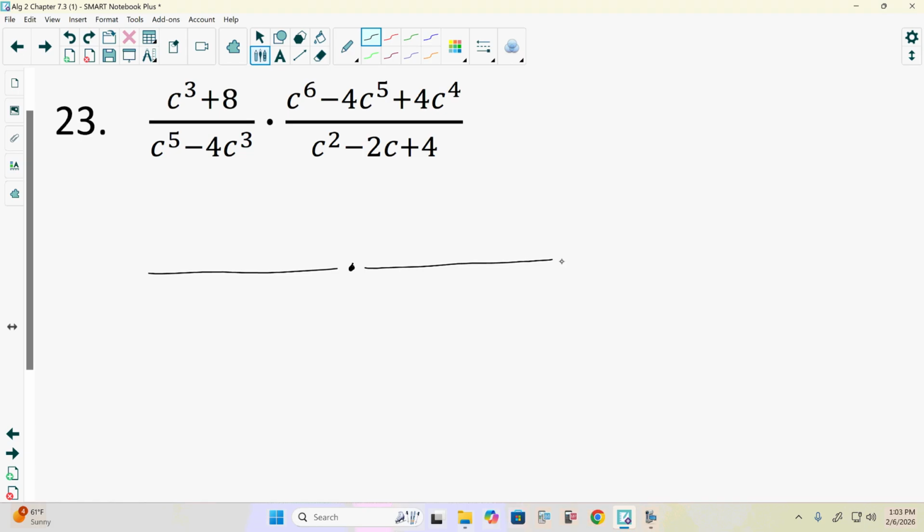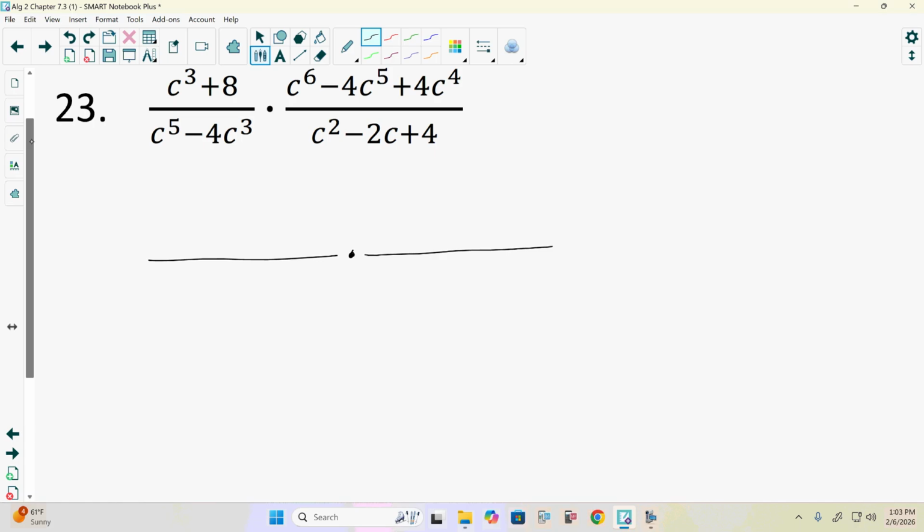Now the bottom of our first expression, c to the 5th minus 4c to the 3rd, has a greatest common factor of what? C to the 3rd, because I can take 3 c's away from c to the 5th. If I take 3 away, I'm left with c squared minus, well, if I take 3 c's away from c cubed, we're just left with the 4.